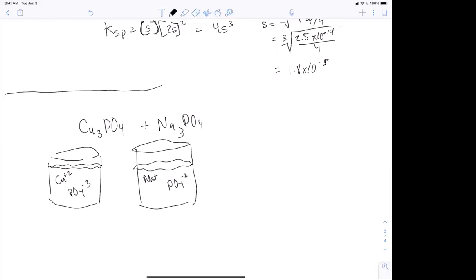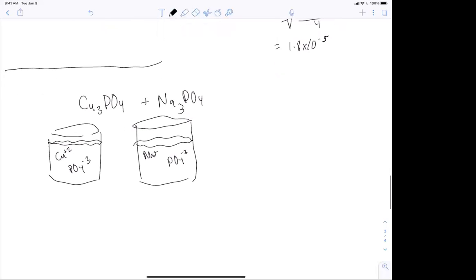And we're going to dump those together. And so copper phosphate will precipitate. Is that true? I guess they're both saturated.